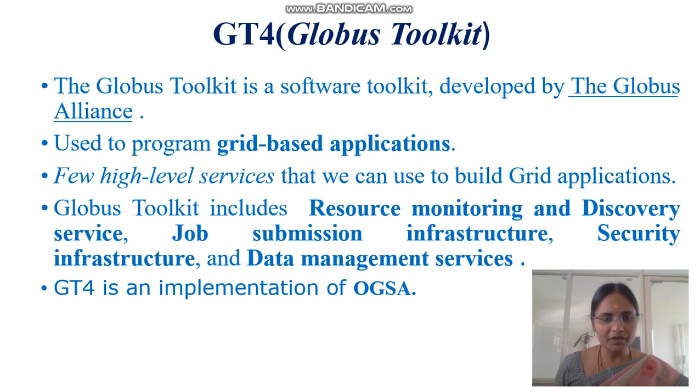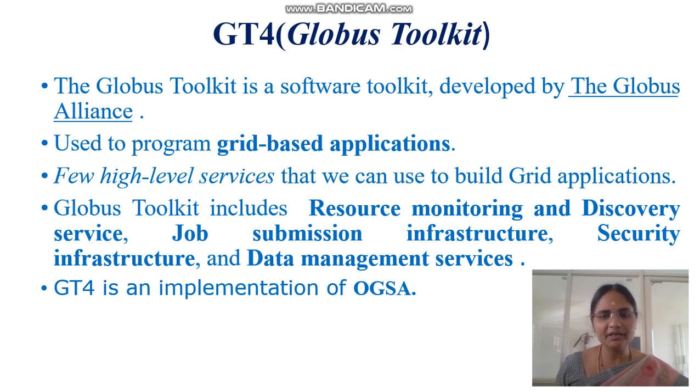It supports low-level services as well as some high-level services which can be used to build grid applications. Globus Toolkit internally includes the major functions related to resource monitoring, discovering services, job submission infrastructure, security infrastructure, and data management services.